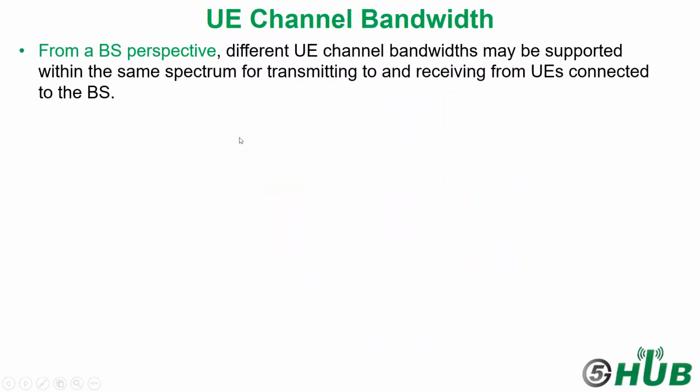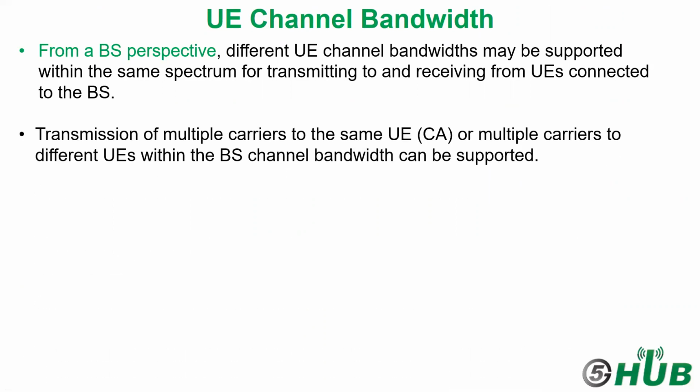For uplink channel bandwidths, from a base station perspective, the G-Node B channel bandwidth supports a single new radio RF carrier in the uplink or downlink. So different user equipment channel bandwidths may be supported within the same spectrum for transmitting to and receiving from user equipments connected to the G-Node B. The assignment of the user equipment channel bandwidth is flexible and within the G-Node B channel bandwidth.